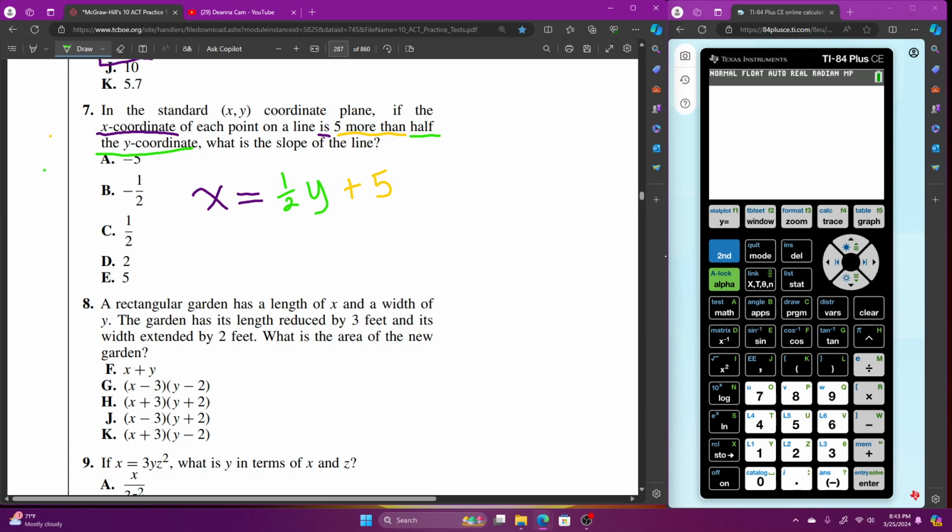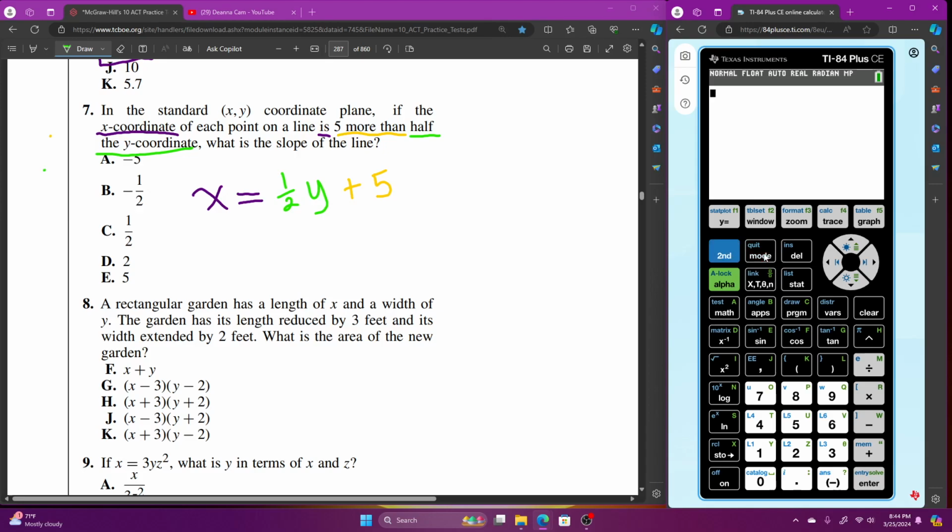Now, to find the slope, I need to solve for my y. If this was SAT and you were able to use the Desmos calculator, you could just type that right in and it would show you the slope. But we're using the TI-84 Plus, and we can't just type it in like that because we always have to have the y isolated.